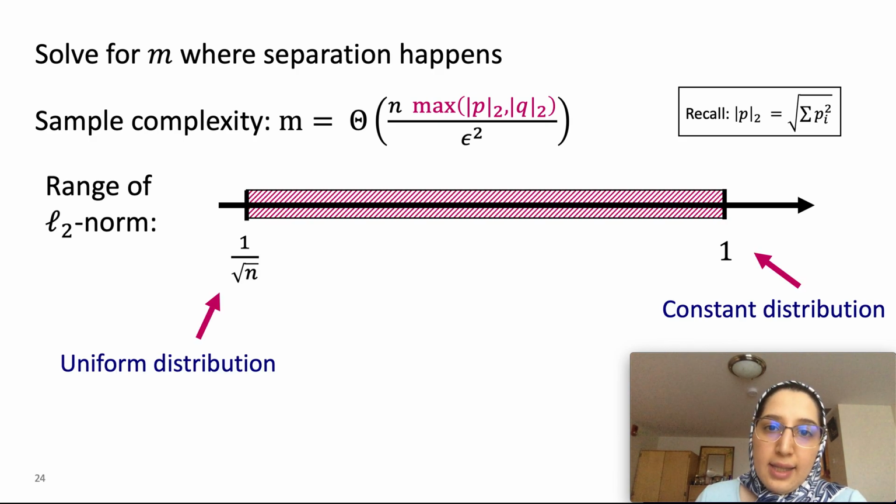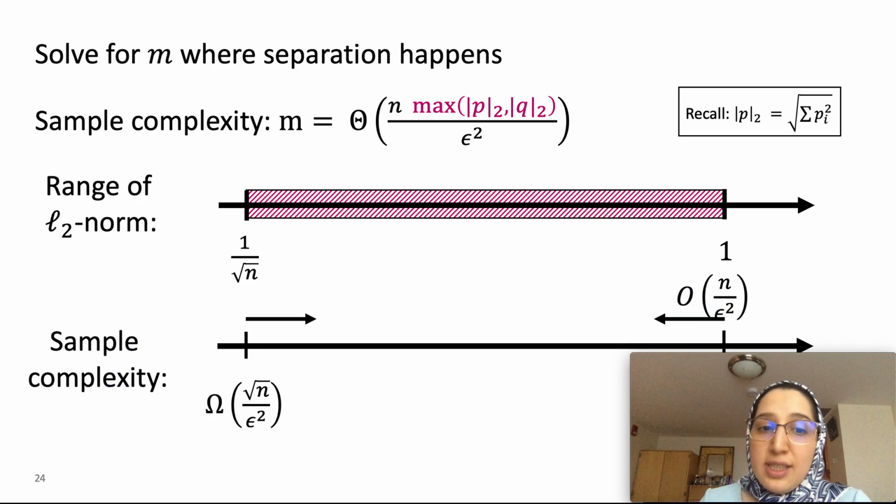In the best case, this quantity could be 1 over square root n, which happens for uniform distributions. And in the worst case, it can be as bad as 1, which happens for singleton distributions. So this tester, in the worst case, has sample complexity of n over epsilon squared, which is pretty bad. Or in the best case, it's square root n divided by epsilon squared. If we don't do anything at this point, this is not the optimal tester.